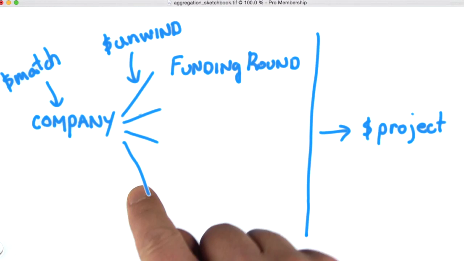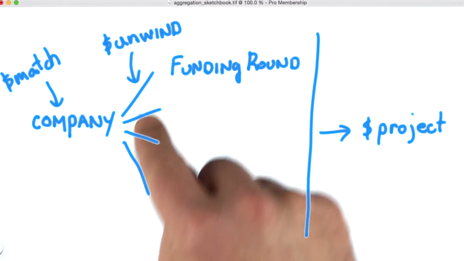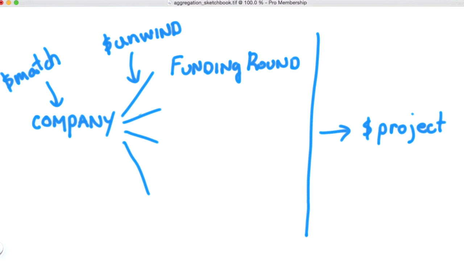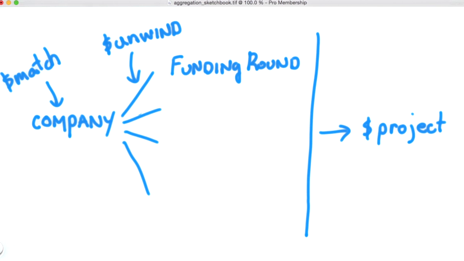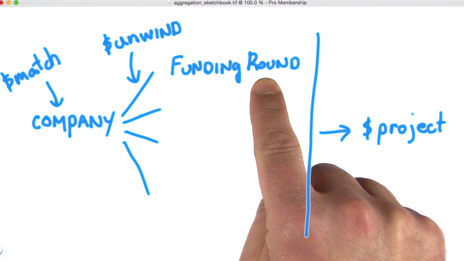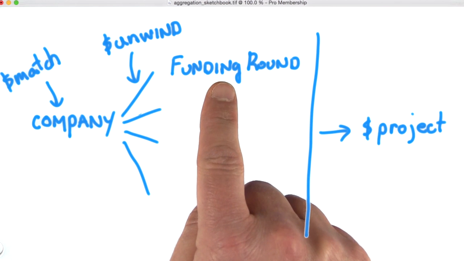So a company that has 4 funding rounds will result in unwind creating 4 documents, where every field is an exact copy except for the funding round field, which will, instead of being an array for each of those copies, instead be an individual element from the funding round array from the company document that unwind is currently processing.